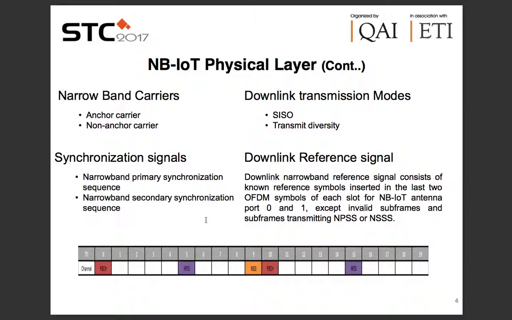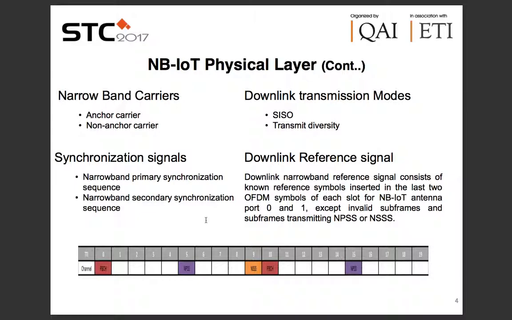Then there are sync signals, the narrowband primary synchronization sequence and the narrowband secondary synchronization sequence. The functionality remains similar to LTE, though the location of these symbols has changed. The NPSS is scheduled on every 5th subframe and the NSSS on the 9th subframe of every other SFN.